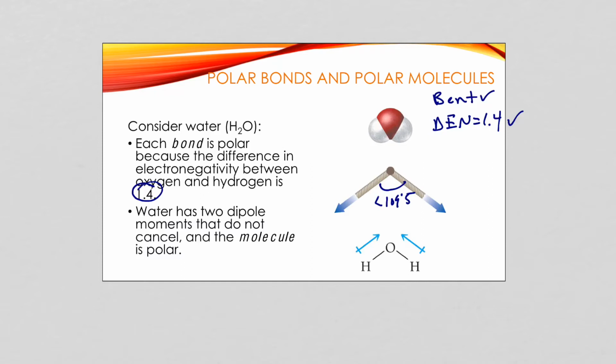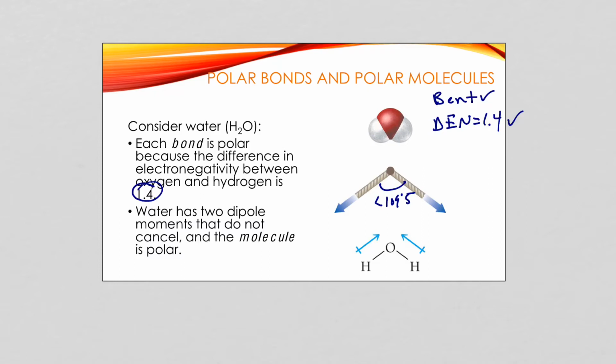The idea is that because of the angle here, they don't cancel each other out. This one is pointing up and to the right. This one is pointing up and to the left. So the left and right parts will cancel, but the up parts won't, and we end up with an overall dipole.